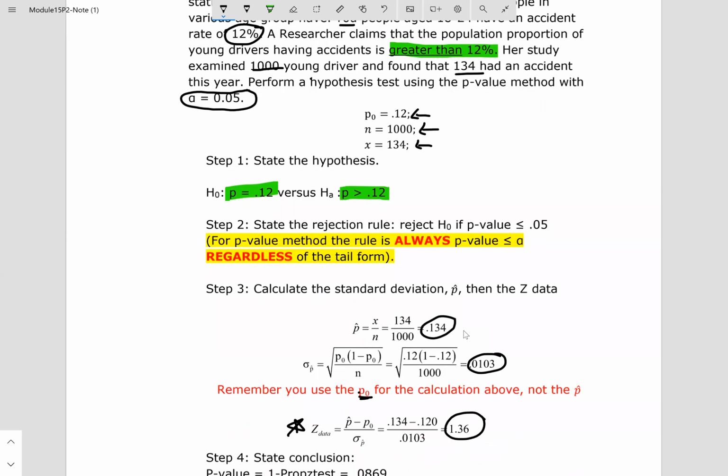The first thing I do is I find p hat, so 134 divided by 1,000, 0.134. Then you're going to find your standard deviation, use both of those numbers, put them back in for your z value, and we get 1.36.